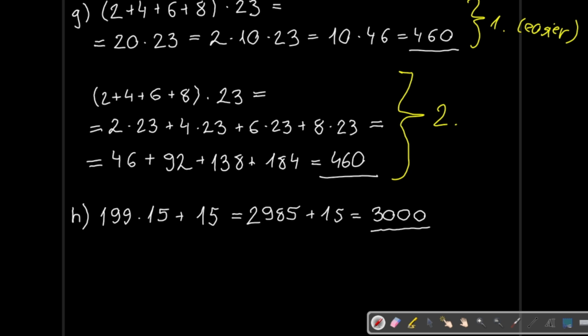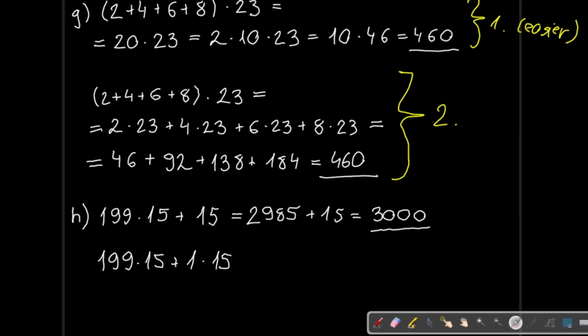That's one way. The second way, we can also write this using the distributive property. We can see this 15 on the right side is equal to, we can write that as 1 times 15.